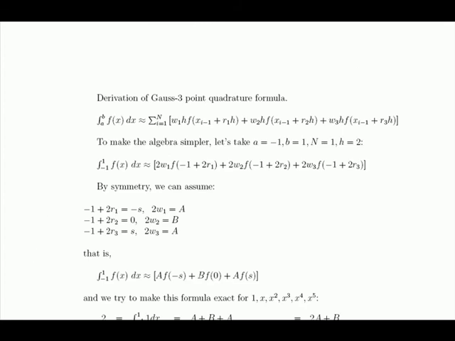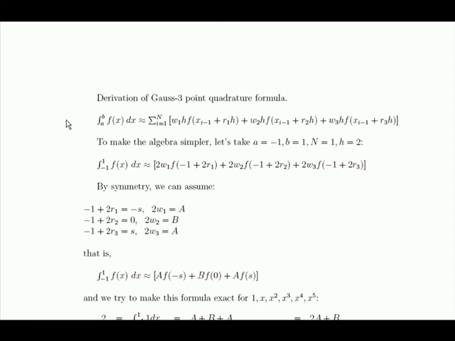So the Gaussian quadrature formulas are optimal. That is, they use not just the best weights for given sample points, but the best weights and sample points. And there's actually a Gauss quadrature formula for every n, for every number of sample points per interval you want. There's a Gauss 2-point, 3-point, 4-point, and on up forever.